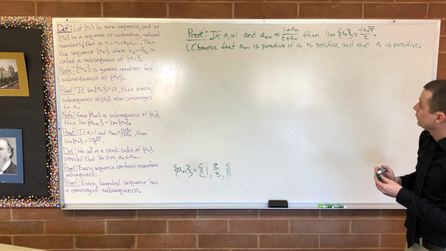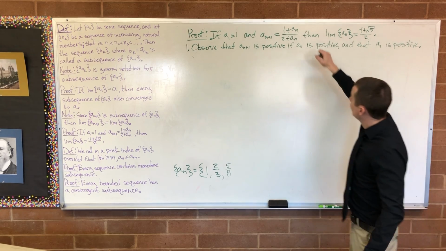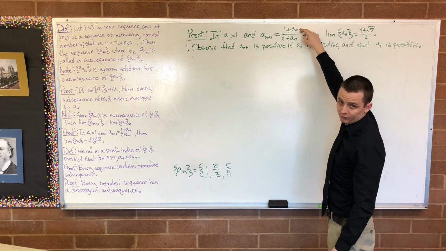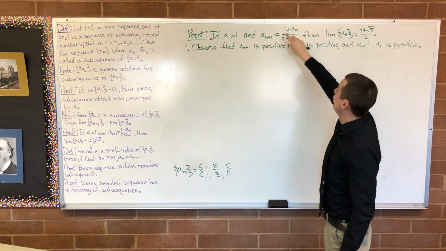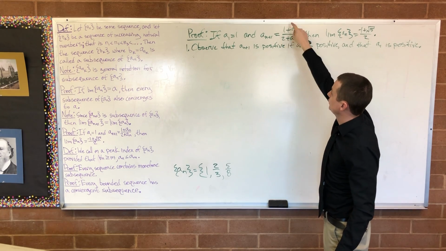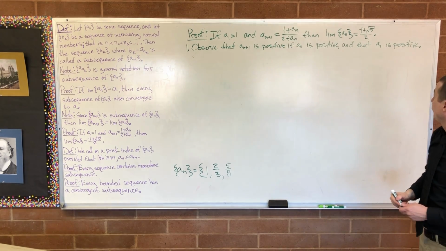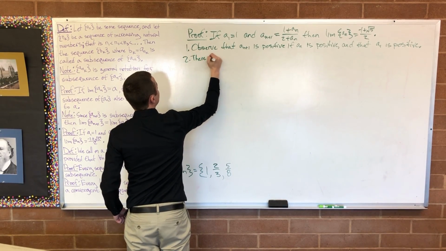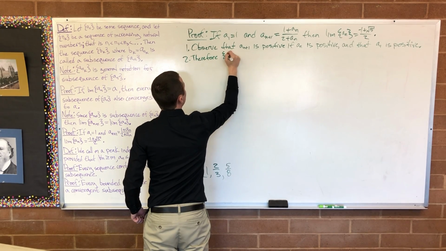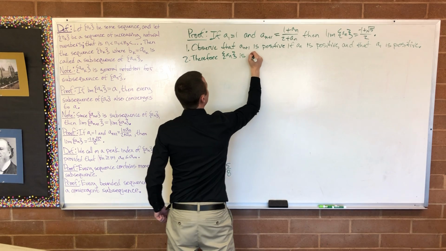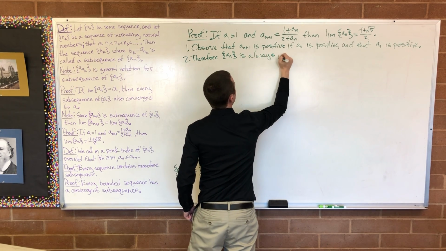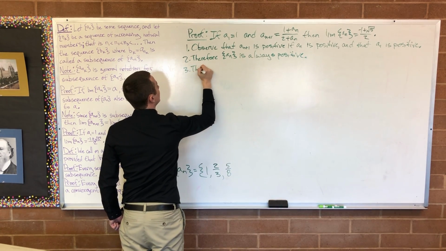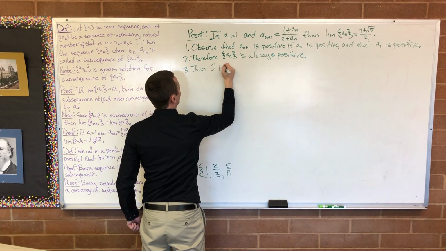So the first term in the sequence we know is positive, and the next term in the sequence is positive if its previous term is positive, right? If this is a positive number and this is a positive number, we know that the sum of positives is positive, and the quotient of positives is positive. Therefore, the whole sequence is positive. That just means that every term inside it is positive, right? Then 0 is the lower bound for the sequence.